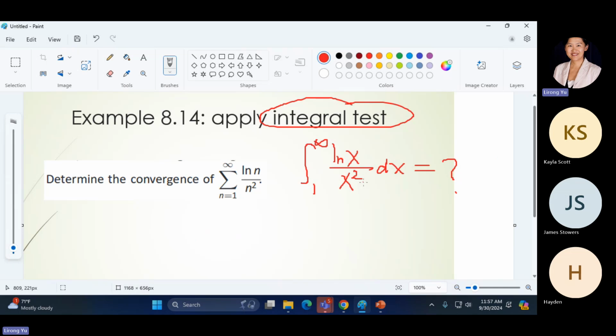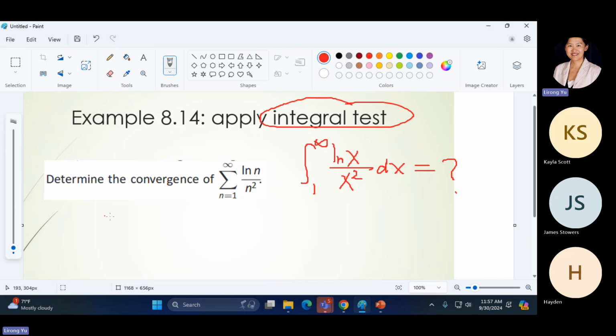This is something that we've done in chapter 6. How do we integrate ln x over x squared? The method is called integration by parts.